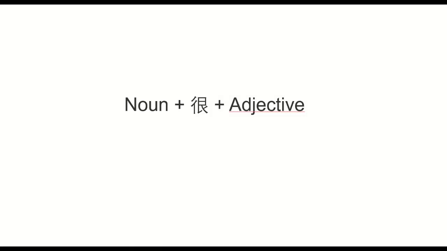So before we actually start talking about shi, let's just take a step back and deal with our basic how to use an adjective. In Chinese, nouns are linked to nouns in one way, but they're linked to adjectives in a completely different way. And nouns are linked to adjectives with our good old hen. Okay, so whatever adjective we're using, it could be 我很好, I am very good. It could be 中文很好.